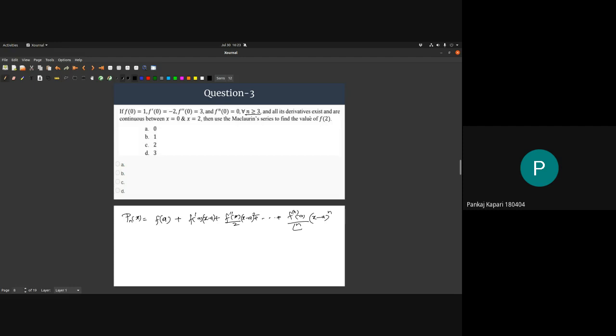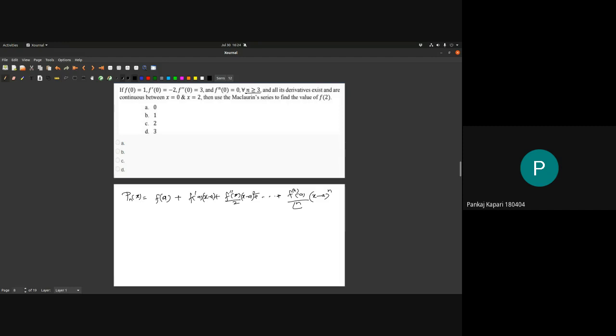And all its derivatives exist and are continuous in the interval from x equal to 0 to x equal to 2. Then you have to use the Maclaurin series to find the value of f of 2. Maclaurin series is basically the Taylor series or Taylor's polynomial when instead of a you put 0, around 0 you evaluate this polynomial.